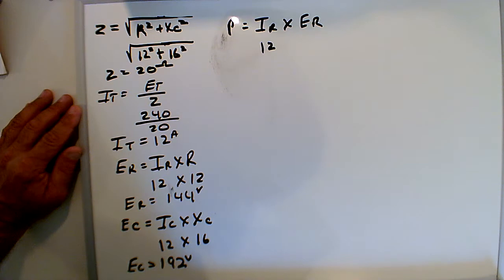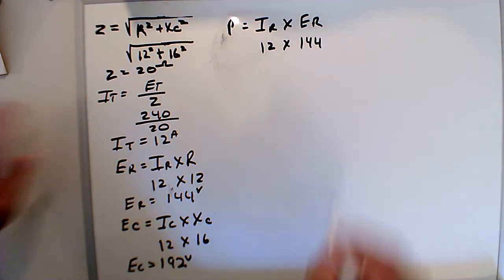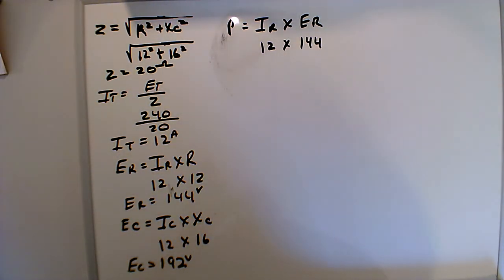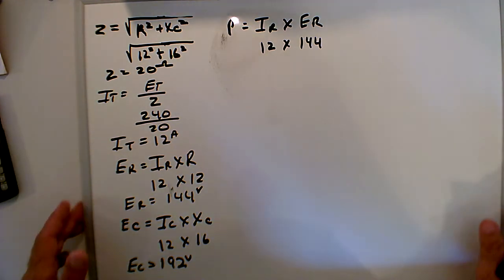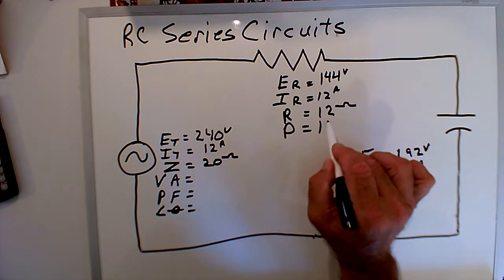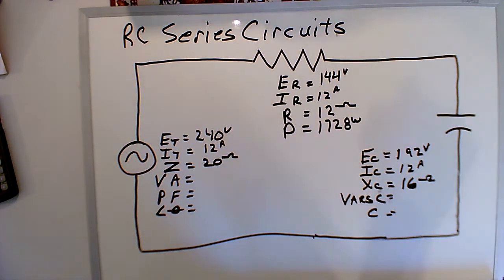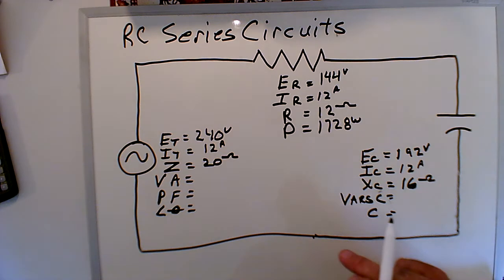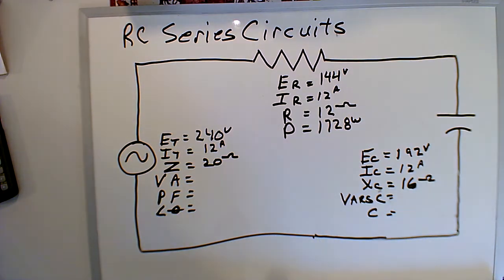It's 12 amps throughout the circuit, times the voltage drop, which would be 144 volts. So 12 times 144 equals 1,728 watts. That's true power.